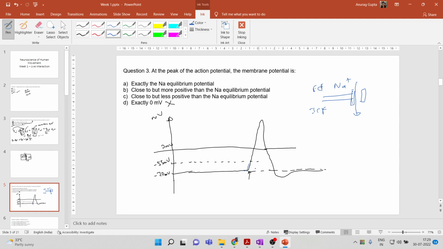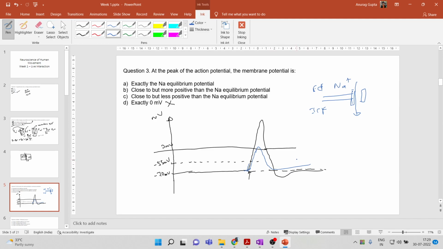Depolarization is when the interior of the cell starts becoming more positive, right? So here let me draw the conductance graph of sodium. It's initially very low, and then it suddenly shoots up after the threshold.